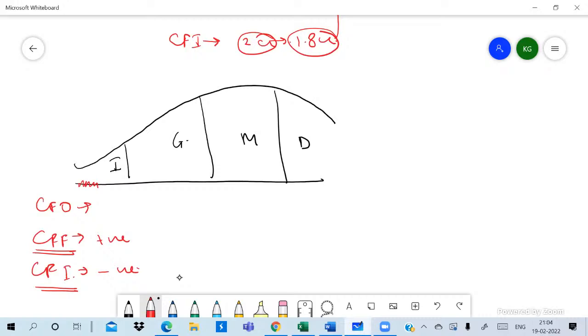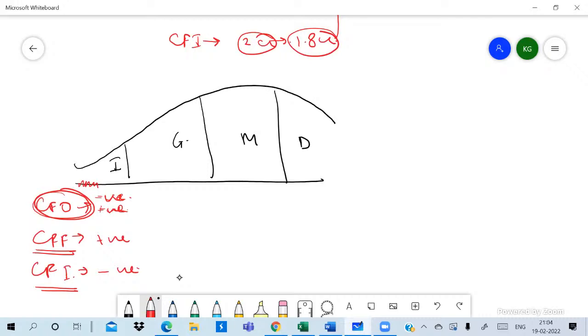And as far as operations is concerned, generally at this stage, it will be a negative number or maybe a slightly positive number, because you're not making any profits as such. If you're making losses and all the other line items add to it, maybe that will become a more negative number, or maybe it will become a slightly positive number.